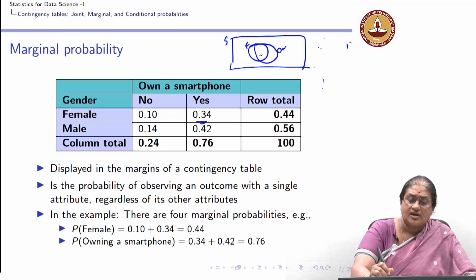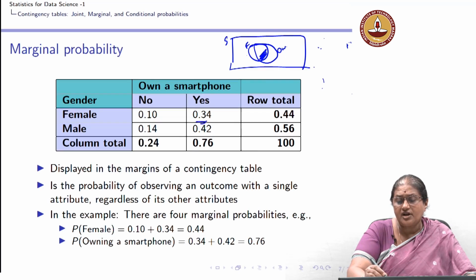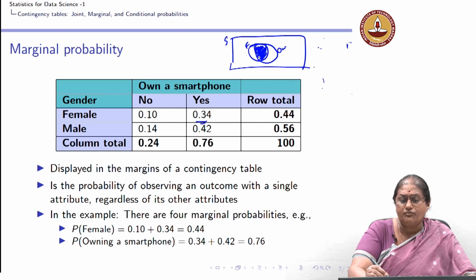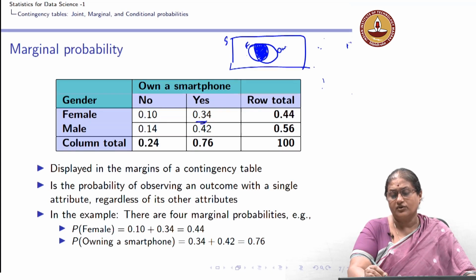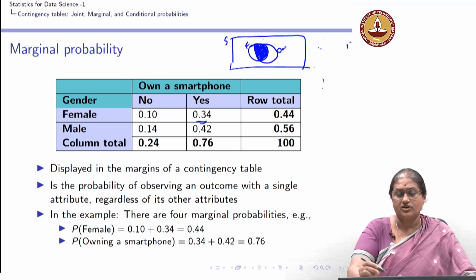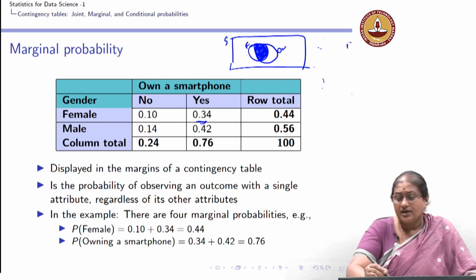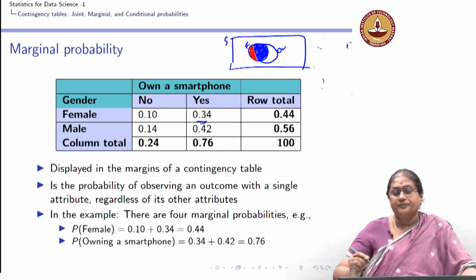The region shaded in blue is the region of being a female and owning a smartphone. The region of red is being a female and not owning a smartphone.